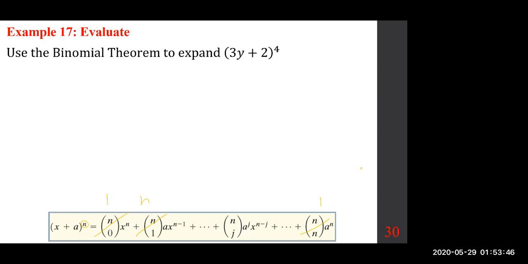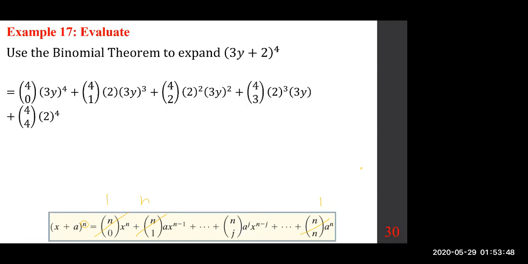So I'm going to look at this example and see how this thing is developed. By definition, you have this 4 because the exponent is 4 here, class. So n is 4, okay? So with that being the case, 4,0, and you really have to be very careful when we do that.